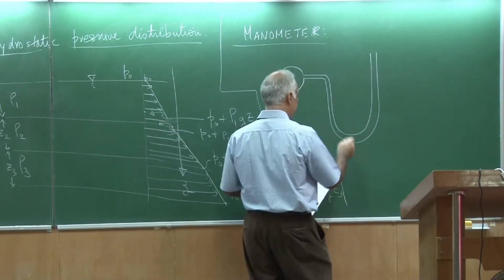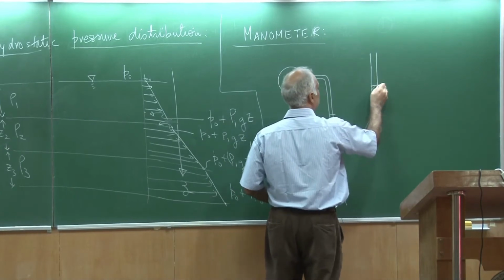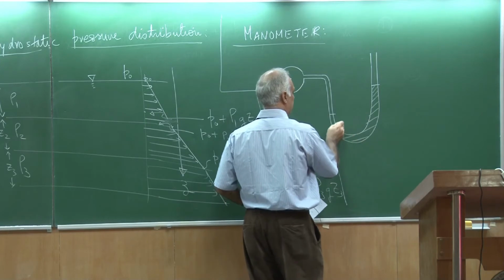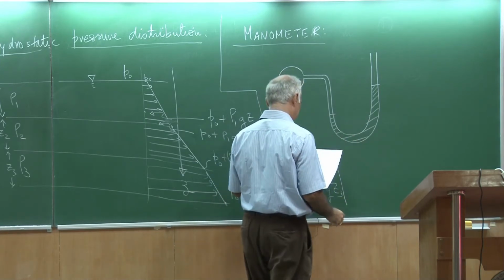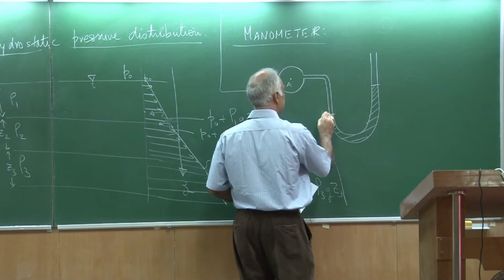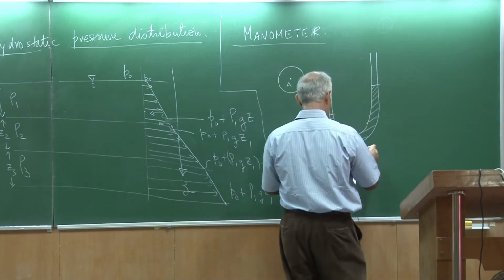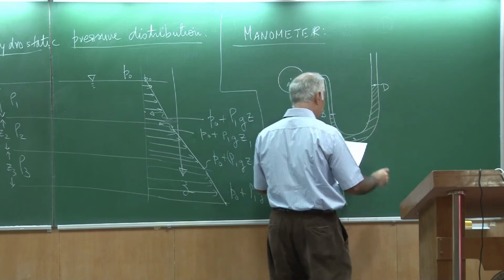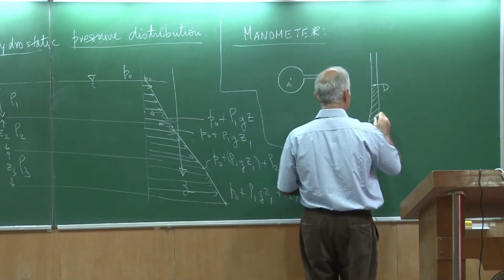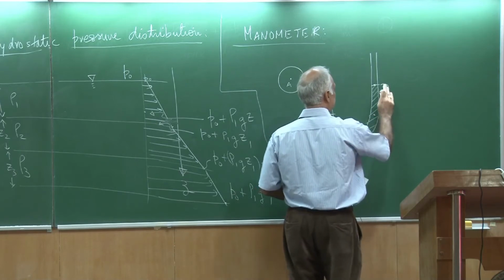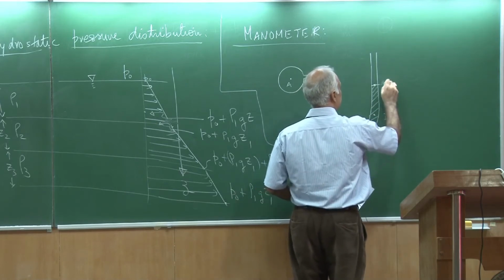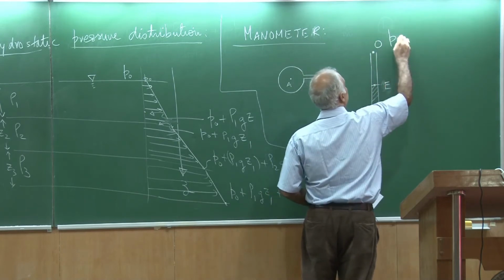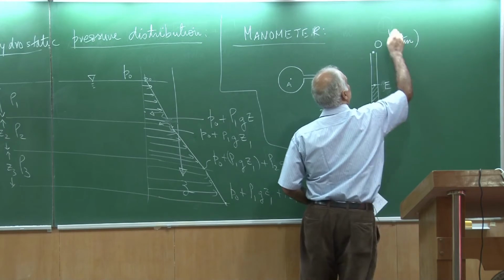And this has a certain fluid in it. So, I am going to call this point B, this one point C, this point D, this point E, and this point O, which is open to the atmosphere.